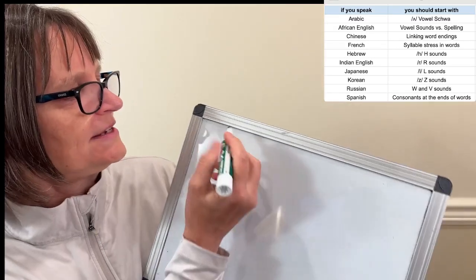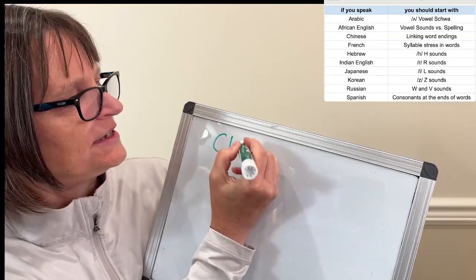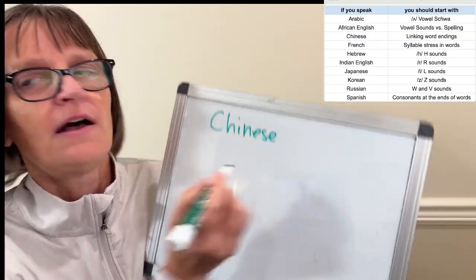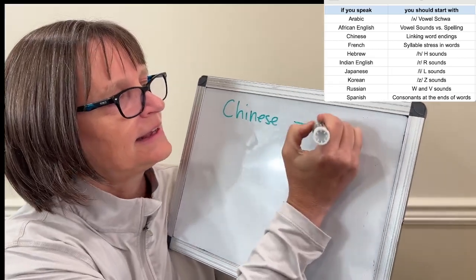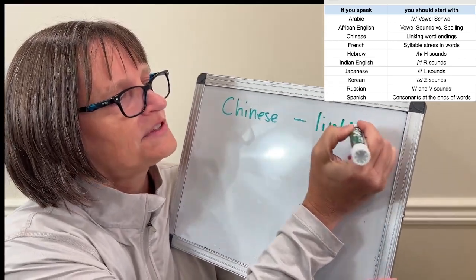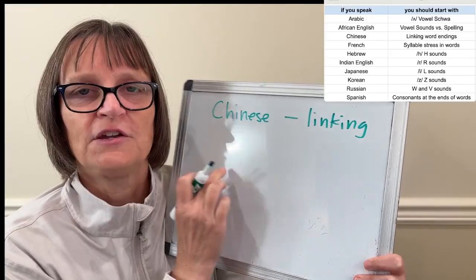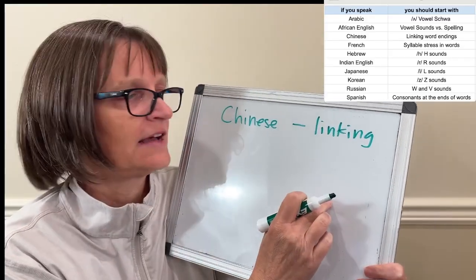For Chinese, Mandarin, Cantonese, Chinese speakers, the most important starting point, I would say, is looking at linking. So this affects how the end of one word connects to the beginning of another word.